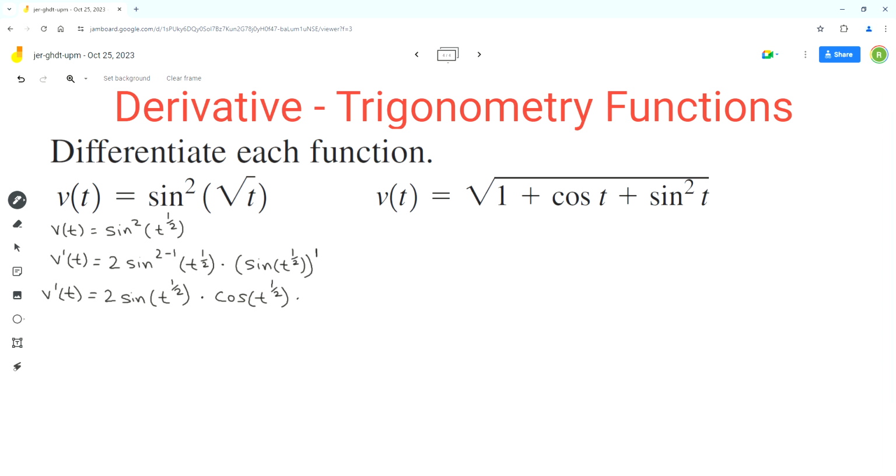So as per the power rule, we'll move the half from the exponent to the front, and we'll subtract 1 from half. Now we can simplify it further. So the first part stays the same.